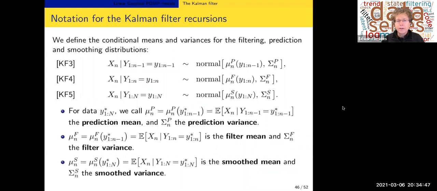So let's define notation to talk about their means and variances, which we'll call the prediction mean, prediction variance, filter mean, filter variance, smooth mean, smooth variance, and so on. These are the things we want to find out. Really KF3, KF4, KF5 are just definitions setting up notation for what we want to find.